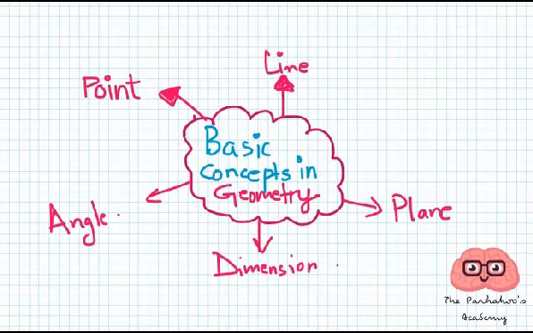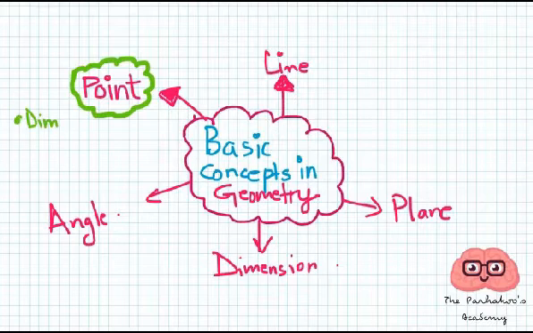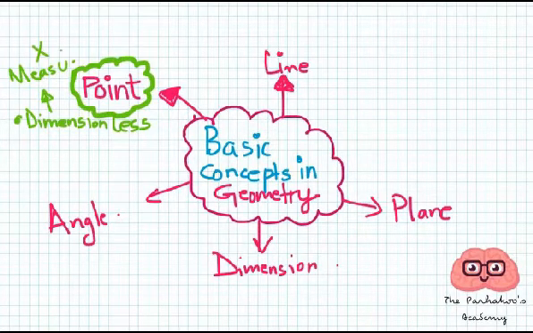So the first important concept is that of a point. A point is basically dimensionless. Dimensionless means it does not have any measurement, no measurement. It is basically used to point something or to locate something.